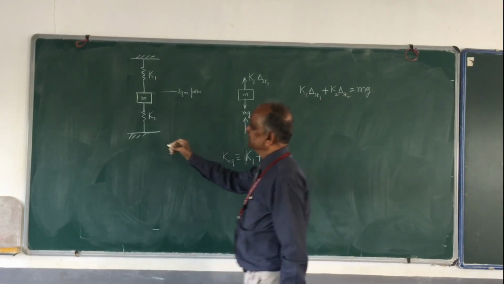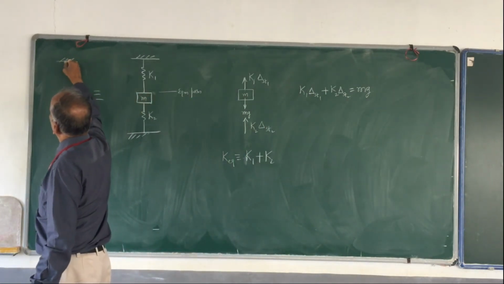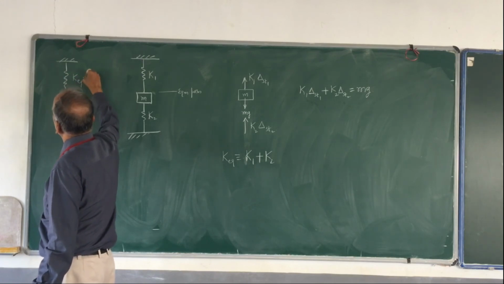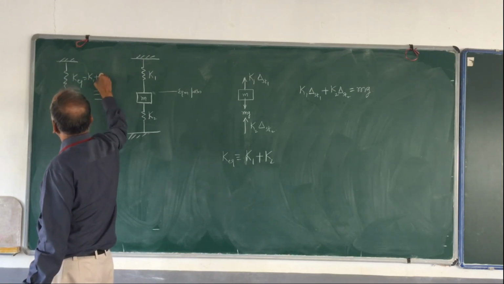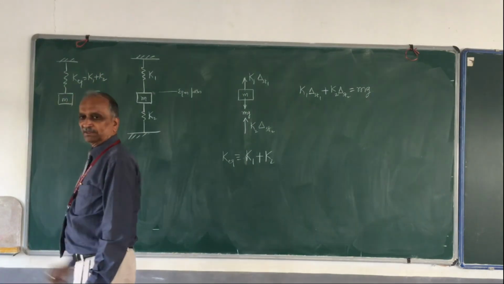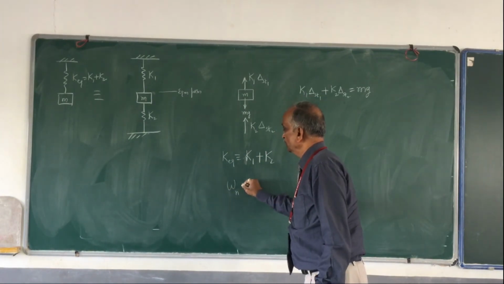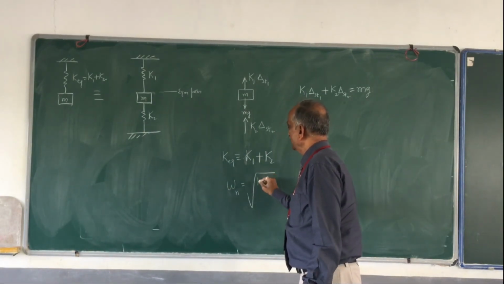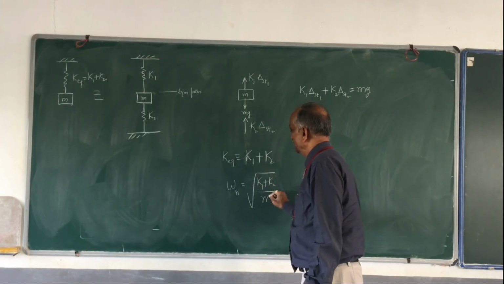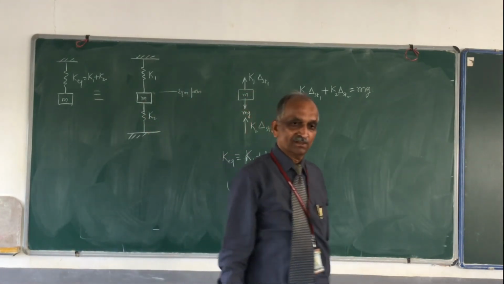This is as good as having a single spring with K equivalent equal to K1 plus K2, and a mass here. The natural frequency omega n is equal to square root of K1 plus K2, the equivalent stiffness, divided by m. You can straight away arrive at it.